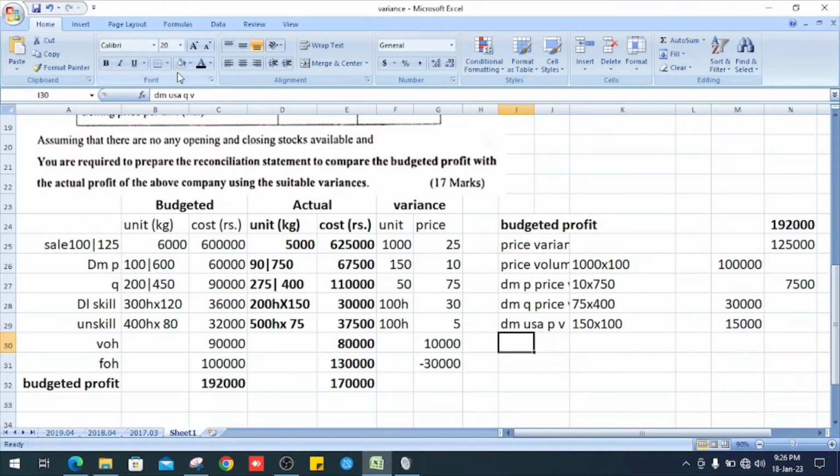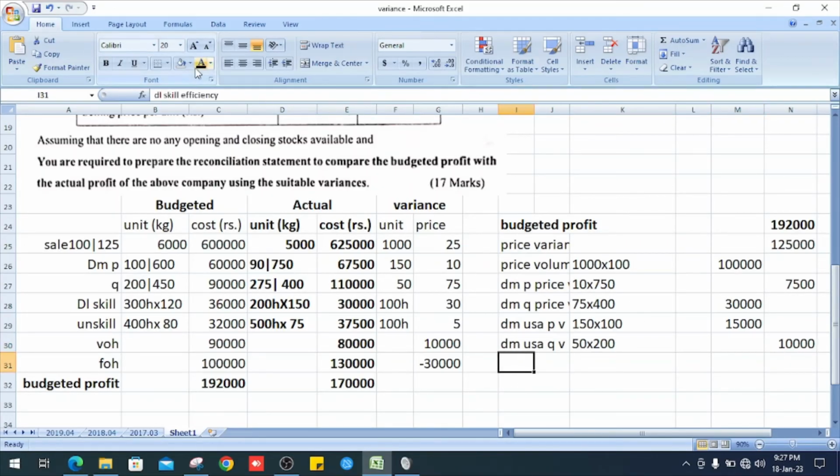For direct material Q usage, the variance is 50 into 200, which is 10,000.